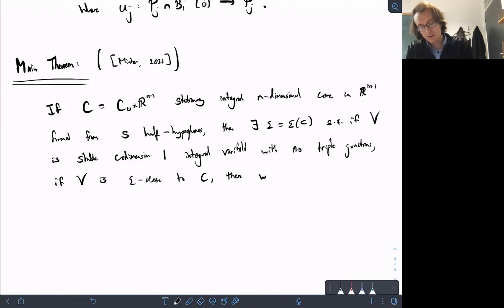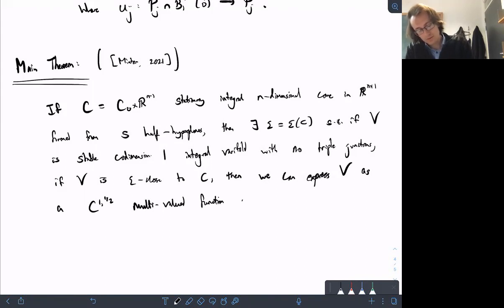So then we can express V on a smaller set as a C1 half multi-valued function over C.